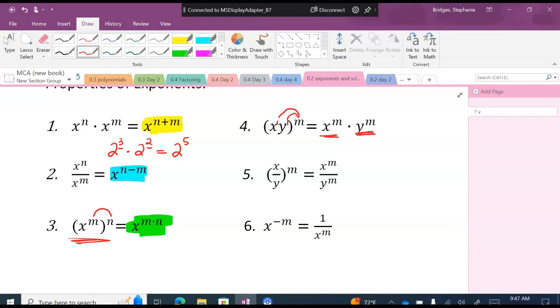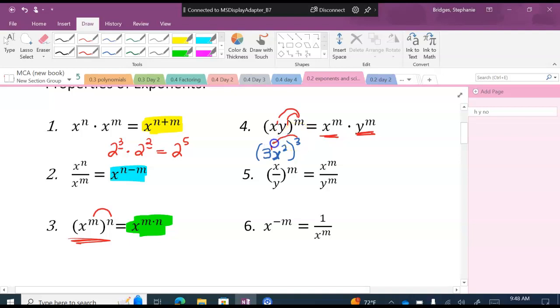Now, one issue that we have a lot with a question like this would be in a case that looks like this, except my writing isn't working properly, so it looks funky. If I had in parentheses 3x squared and I were to apply this rule, a lot of the times people forget that inside that parenthesis, it is two things being multiplied. It is 3 and x squared. So when I do this, the exponent on my 3 right now is a 1.